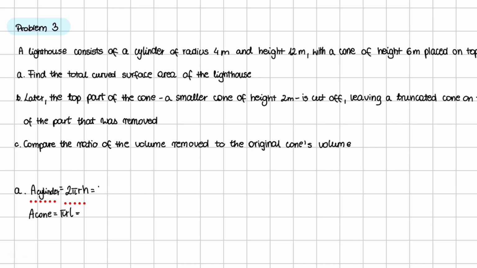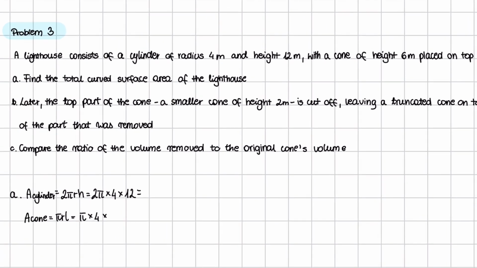So here we have 2 pi times radius of a cylinder, so 4 times 12, so our height, and cone pi times r, so radius also 4 because a cylinder is connected with cone, so they have the same radius, and times slant height.